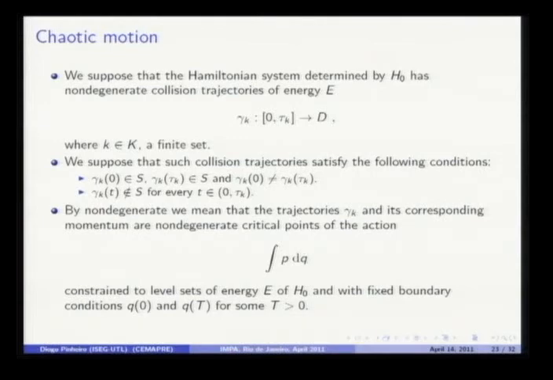By non-degenerate, we mean that the trajectories gamma k are non-degenerate critical points of the action in phase space, constrained to level sets of energy E, and fixed boundary conditions Q0 and Qt for some time t.